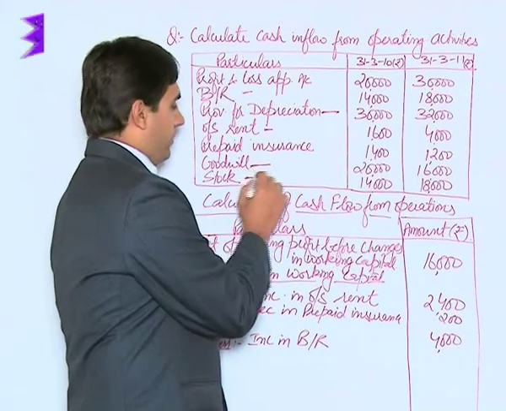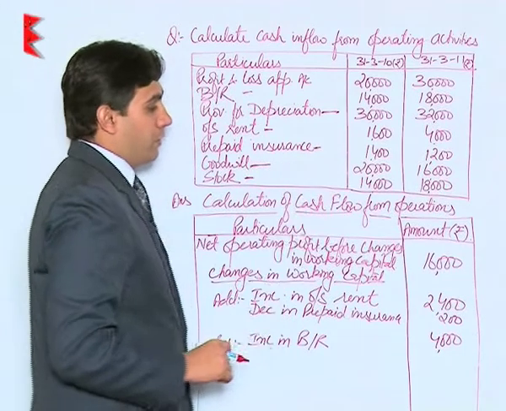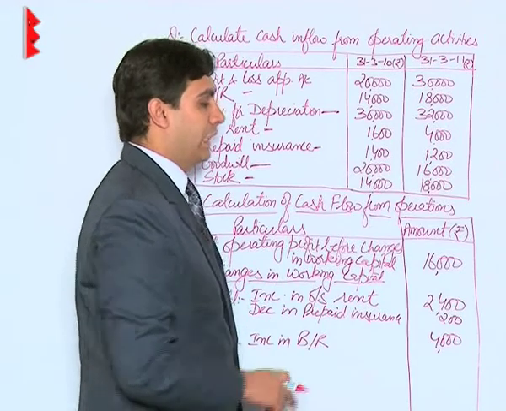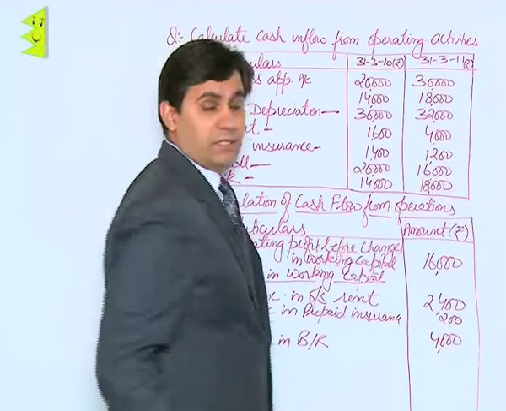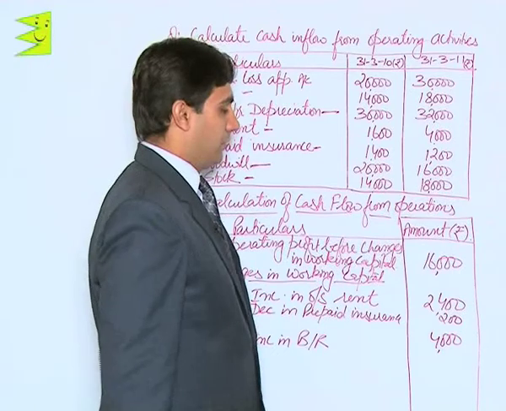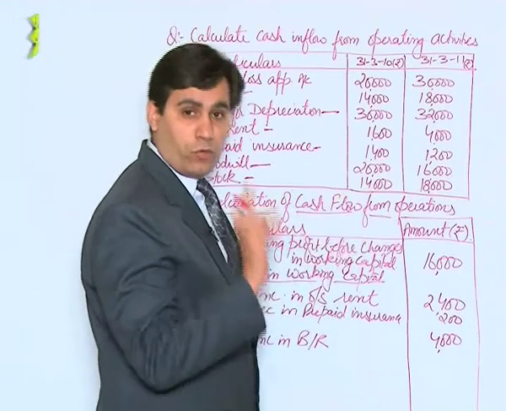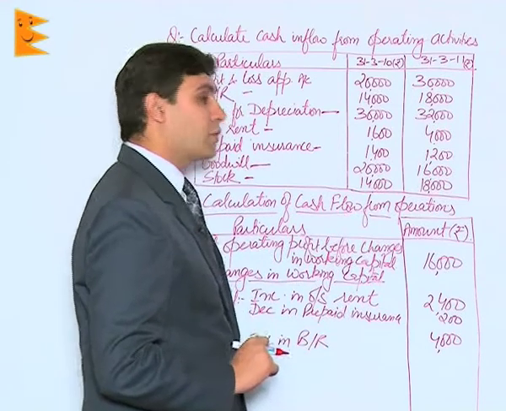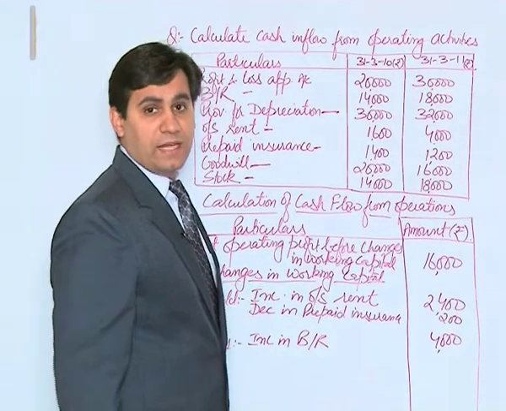Then we have stock. The value of stock in the beginning of the year was 14,000 and the closing value is 18,000. So there is an increase in the value of stock. Remember, stock is a current asset.